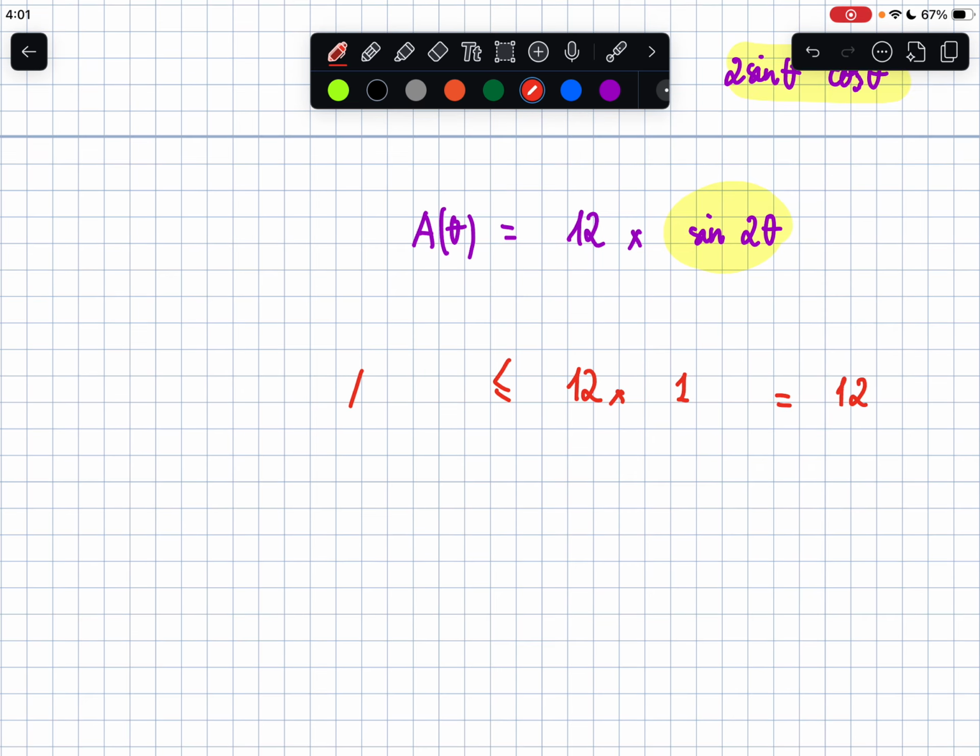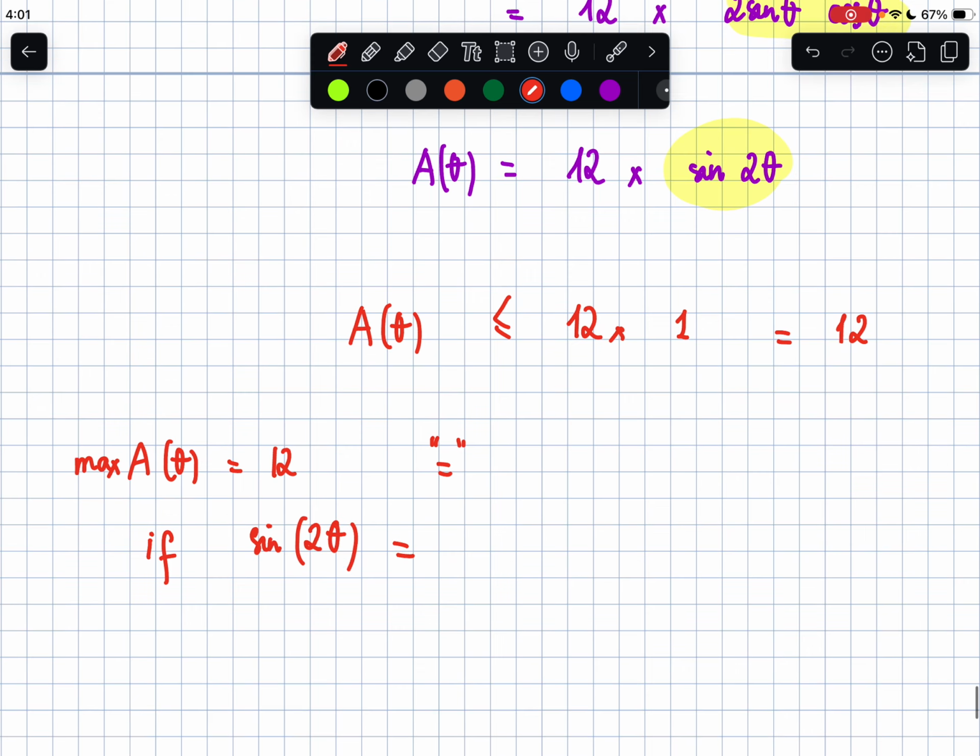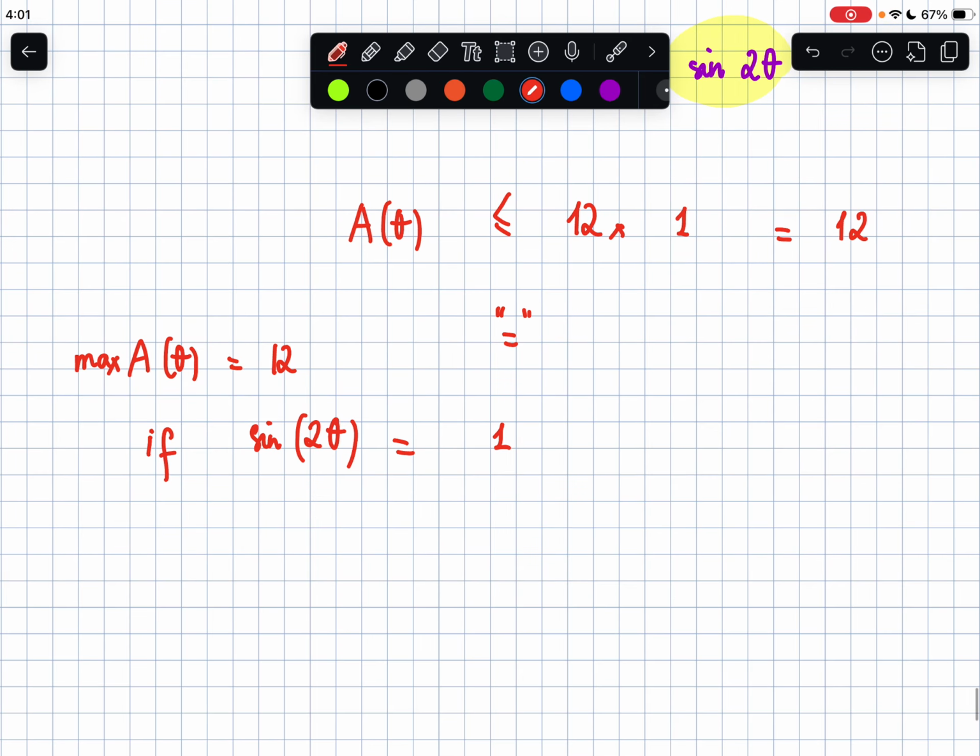The equality, or max A, is 12, and this happens when sine of 2 theta equals 1. So this is the condition: equality when this equals 1. Sine equals 1.